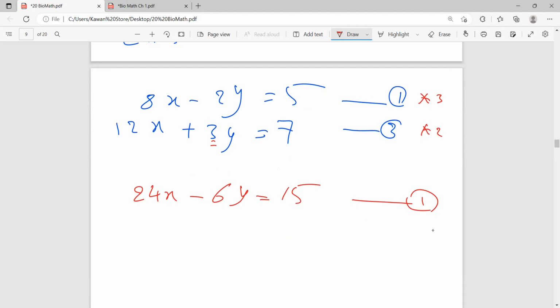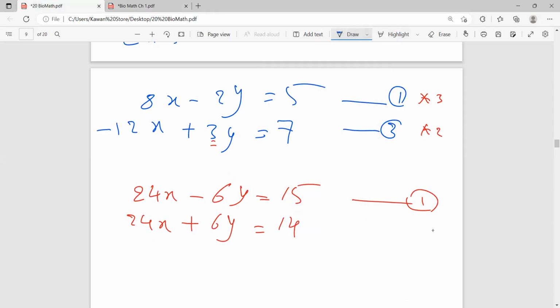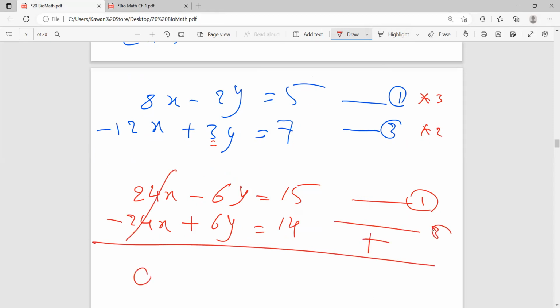How about the second? 24x, again 6y equal to 14. So there's a mistake, I think. Here's minus. And here, of course, I'll get minus. Now, we can eliminate or add them. So I'll get what? That one with that one, 0.